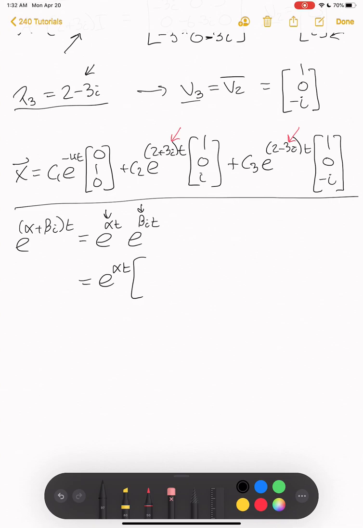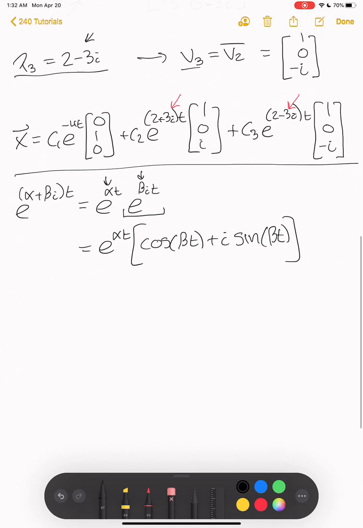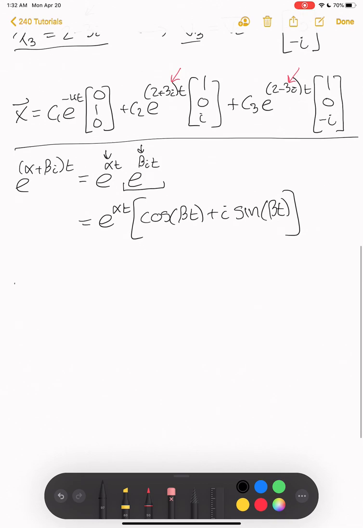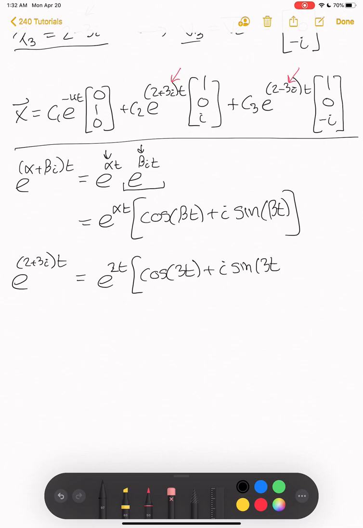So we have cosine of beta t plus i times sine of beta t going on with this term here. So this is how we can rewrite this. And so in our case, we have e to the 2 plus 3i times t is e to the 2t, cosine of 3t plus i sine of 3t.